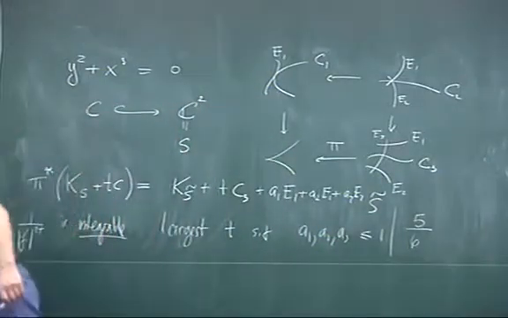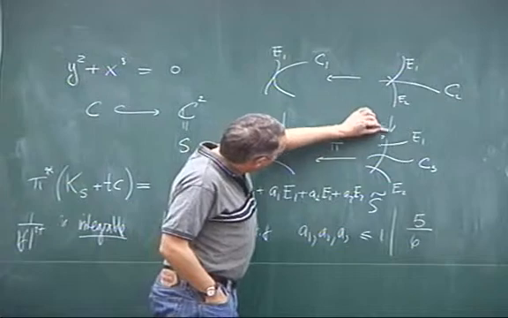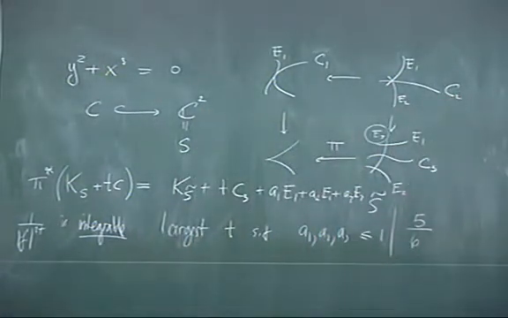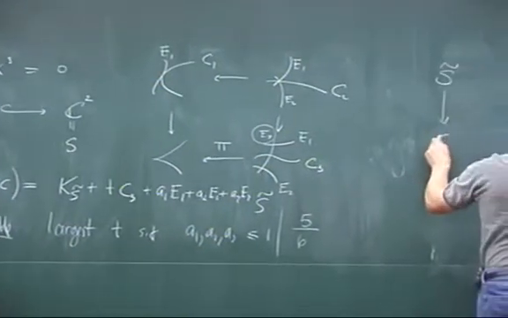And let me just tell you for free that the component which has coefficient 1 is E3. So there's a much quicker way of doing this calculation. So on this picture, we have S tilde mapping to S.